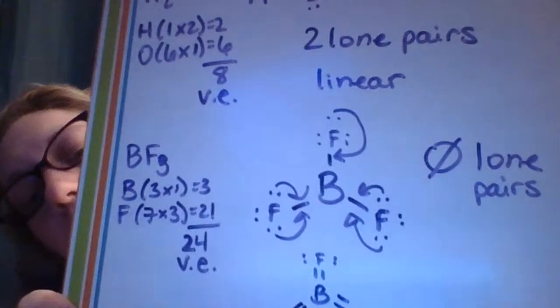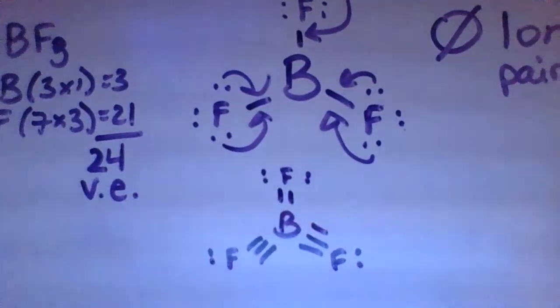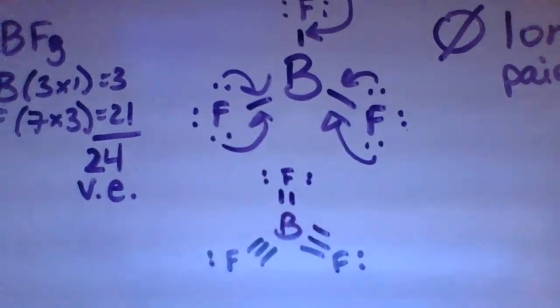Because that would give boron 8 electrons in the middle, but there would still be lone pairs on the fluorine atoms. I think you could do that. That gives us a, I don't know if I'm saying this right, trigonal planar shape.